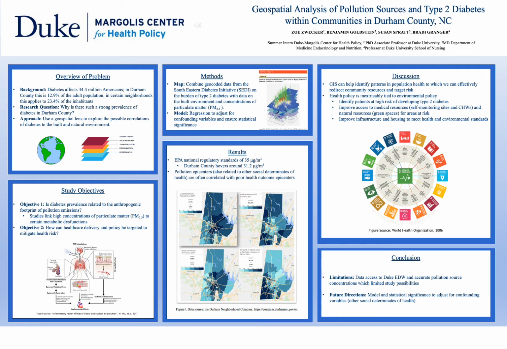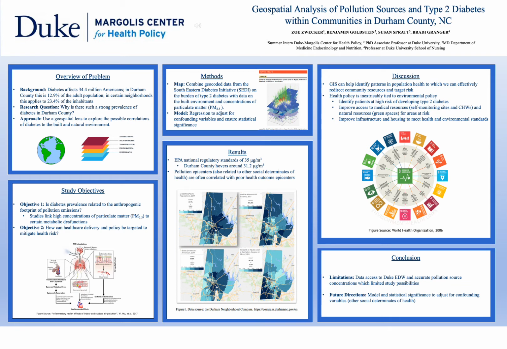Now, of course, we have the mapping side of the methodology, but we also have a statistical analysis part of the methodology. And what this means is that the map allows us to visually see if things seem to be related, but the analysis allows us to adjust for many variables.